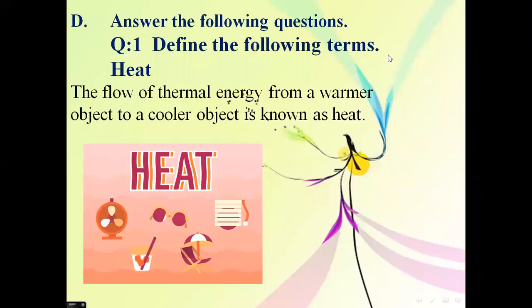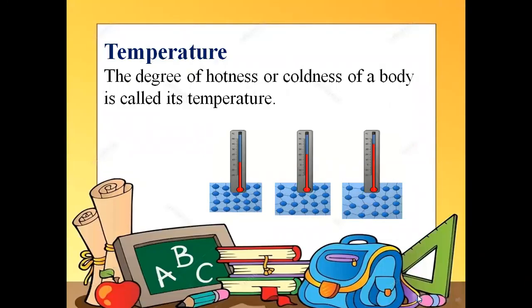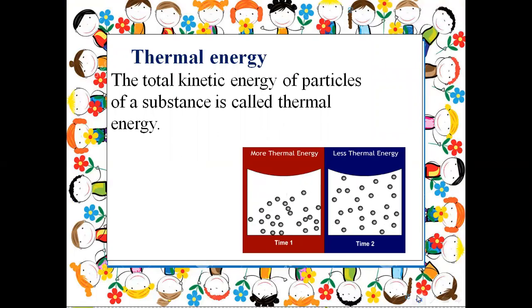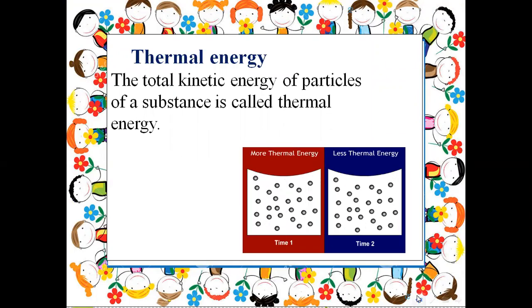Again, I repeat the first term, heat: the flow of thermal energy from a warmer to a cooler object is known as heat. Temperature: the degree of hotness or coldness of a body is called its temperature. Thermal energy: the total kinetic energy of particles of a substance is called thermal energy.